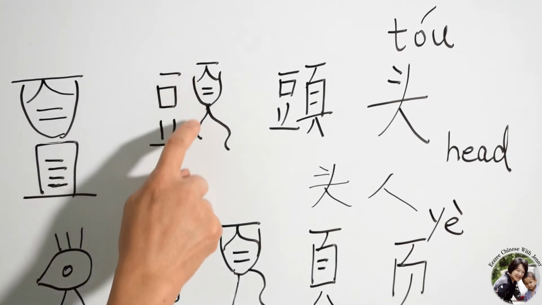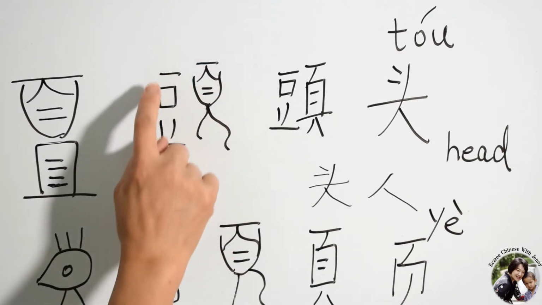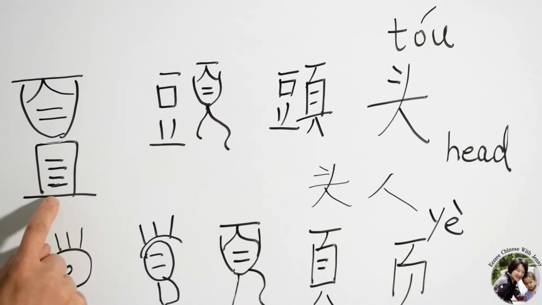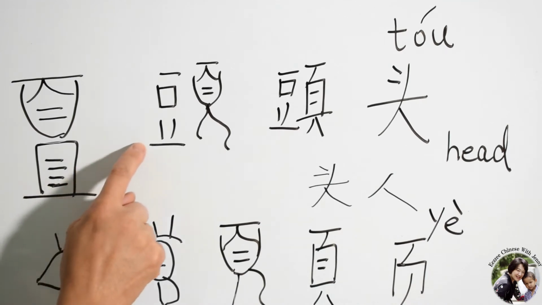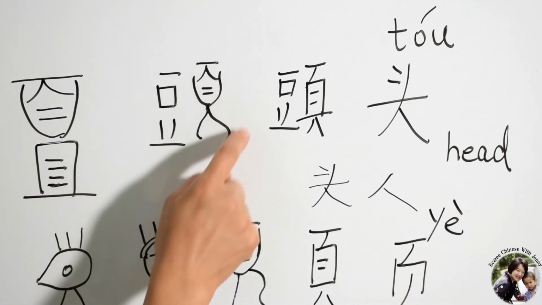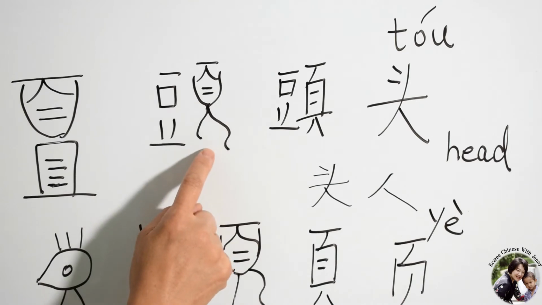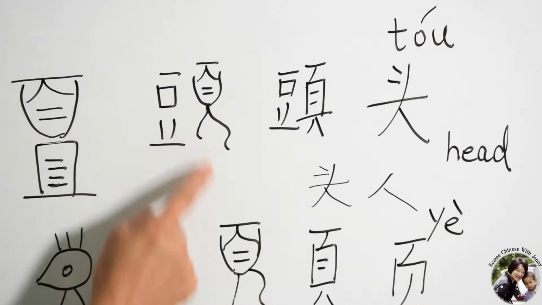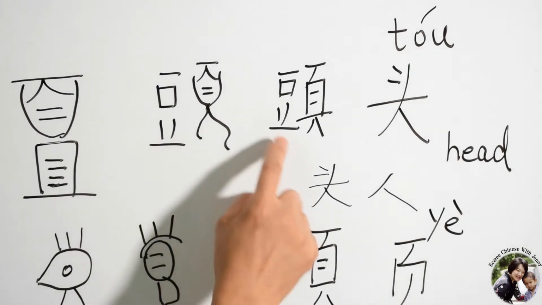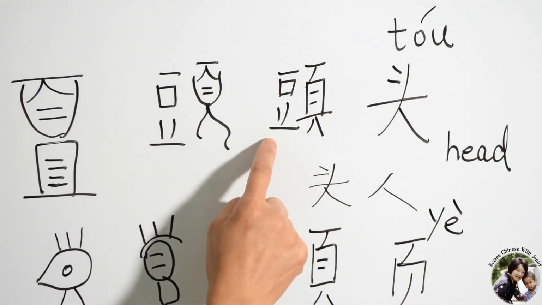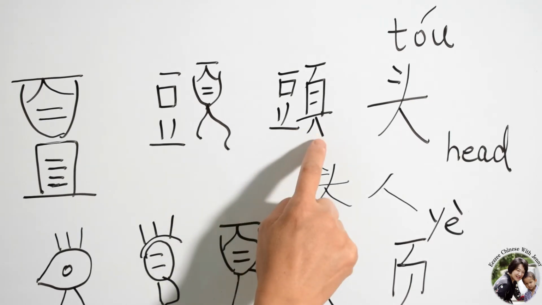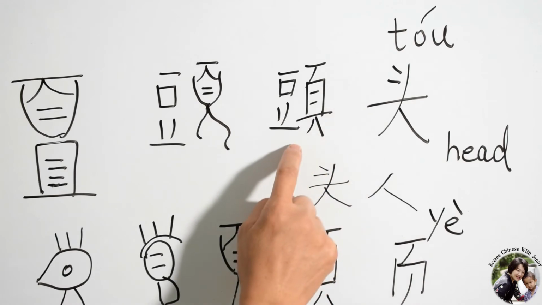So when it evolved like this, the left part gives the pronunciation "do," which comes from this shape, and this part is the head, which is the meaning. Remember, this is the same image, right? So this is the traditional way to write it. Left side "do," the right part is your head.